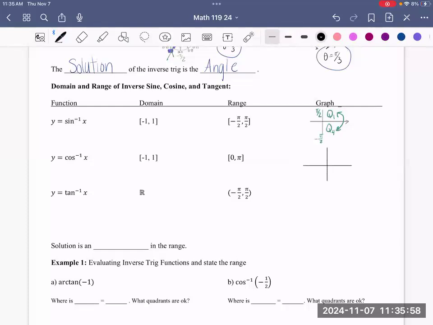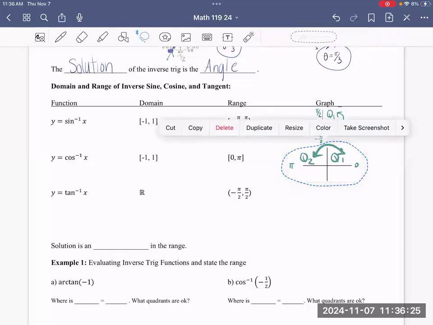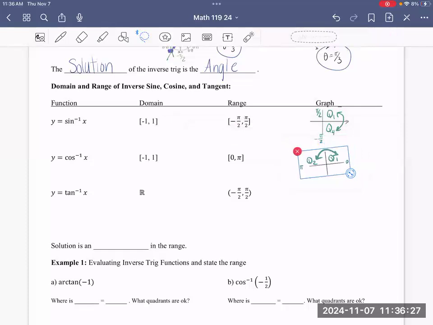So for cosine, we go from 0, let me get it a little bit bigger here, we go from 0 to pi, meaning that for cosine, we hover between quadrant 1 and quadrant 2. So for cosine, look for your answer to be in either quadrant 1 or quadrant 2. You cannot have multiple answers here for your inverse function.